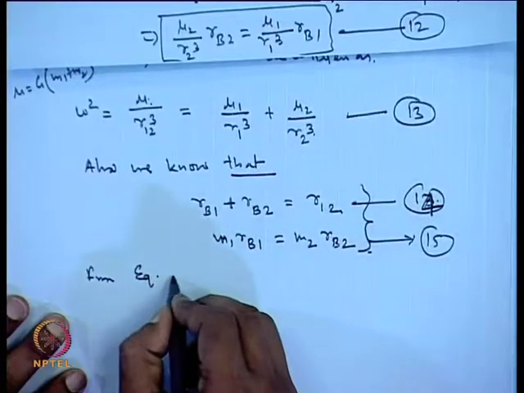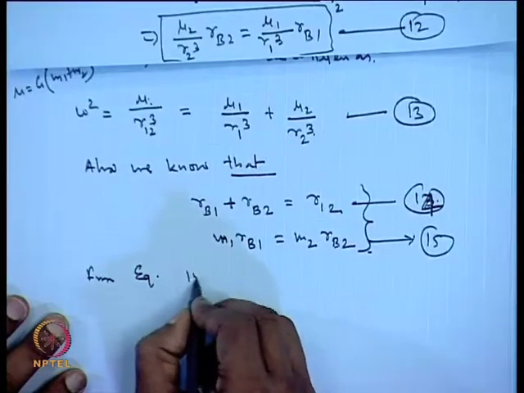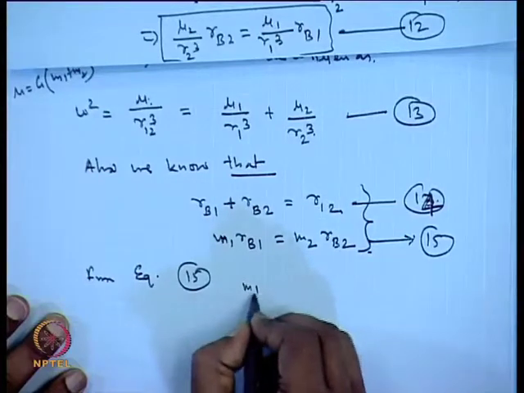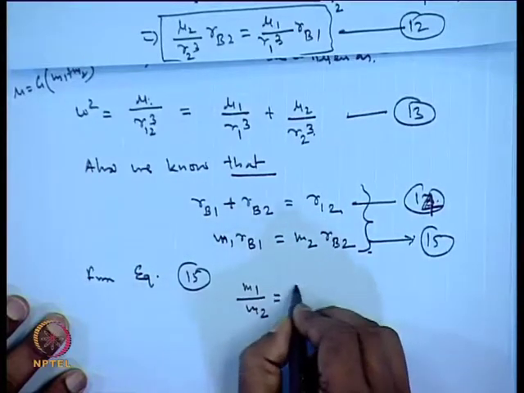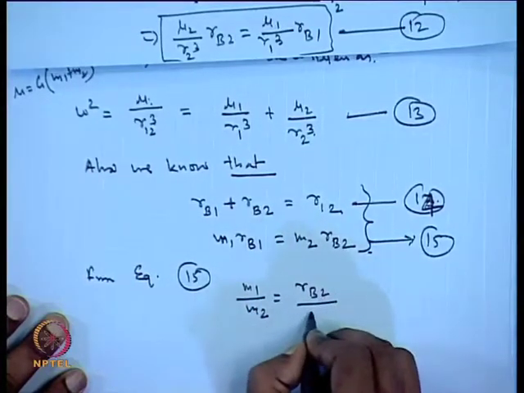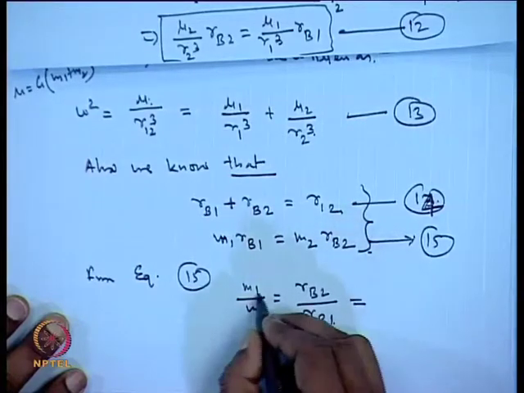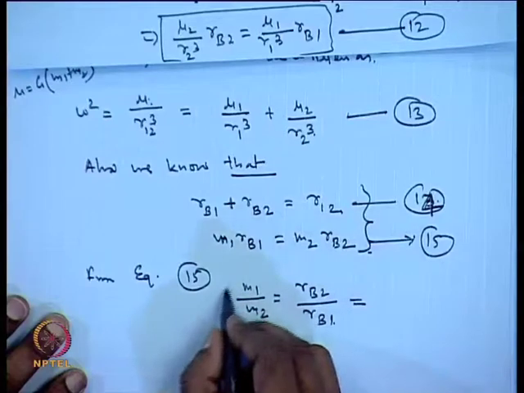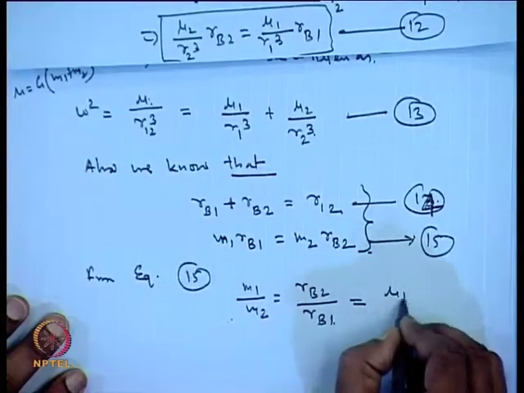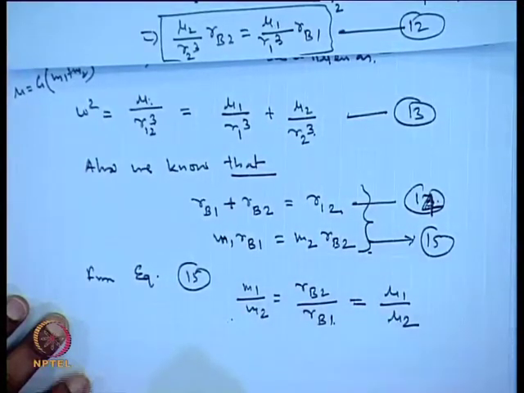So, from equation 15 we have m 1 by m 2 is equal to r b 2 by r b 1, and m 1 by m 2 if we multiply up and down by G, this will be nothing but equal to mu 1 by mu 2.